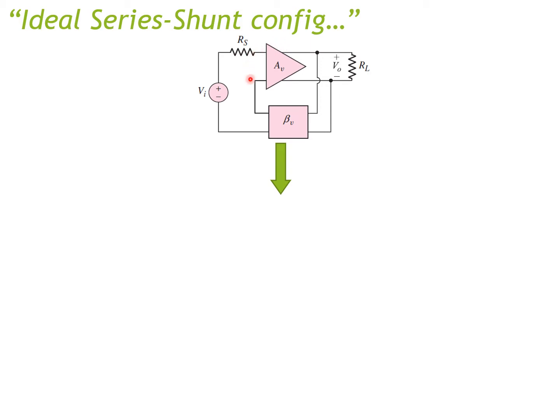The first is your basic amplifier. You can use a BJT, an op amp, or a MOSFET. It's up to you. And the second two-port network is your feedback network.